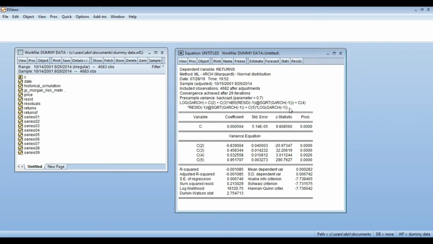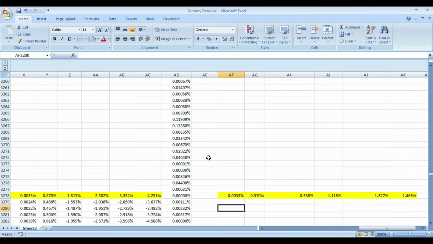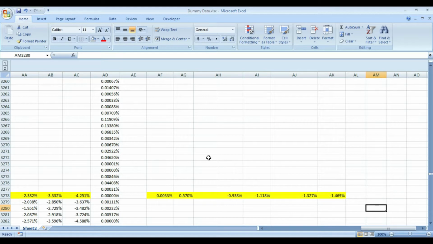I can see over here the coefficients that are generated: C2, C3, C4, C5. So there are 4 coefficients. I'll write them somewhere here: C2, C3, C4 and C5.